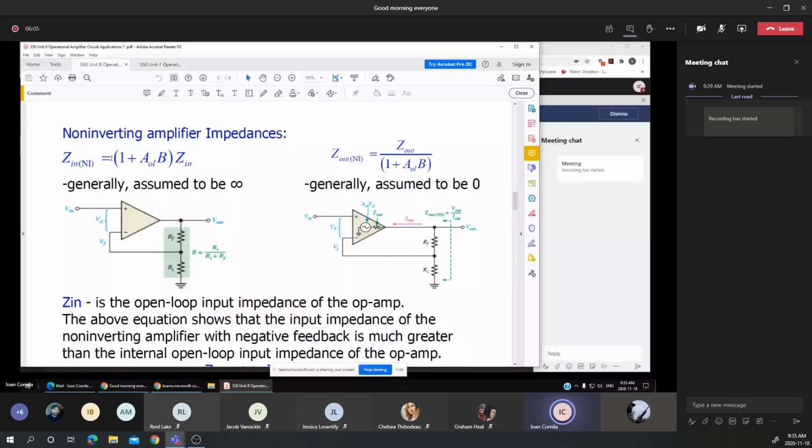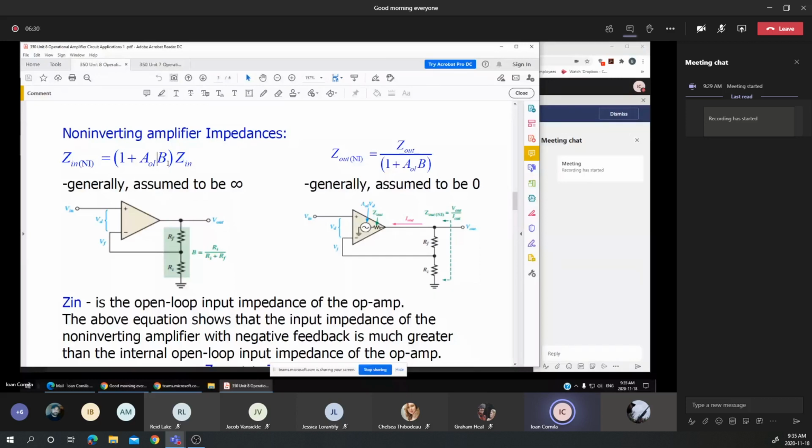And in this expression, you notice that I have the bracket as 1 plus another number, which is the gain for an open loop. Again, this gain is provided by the manufacturer. Usually it's a very large number, like 100 or 200. Usually it's around 200 for 741.